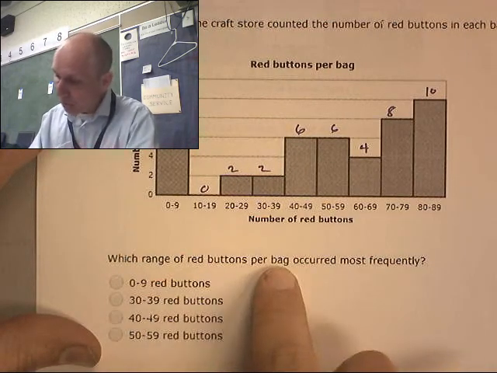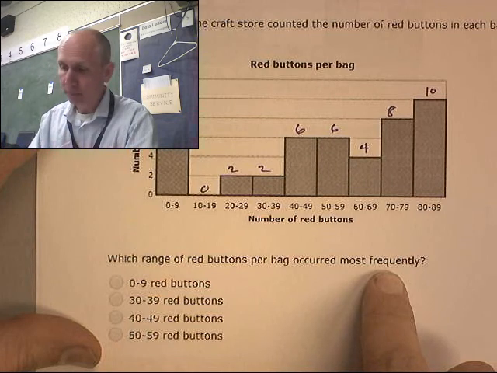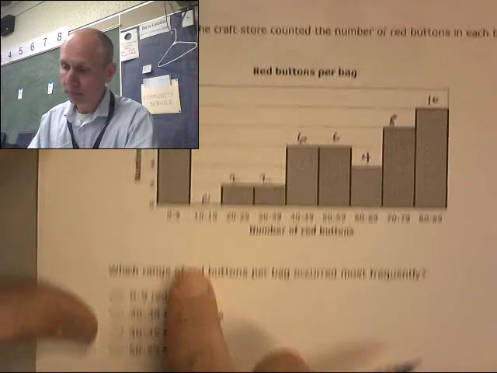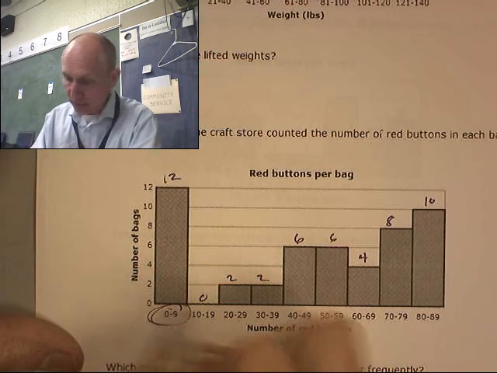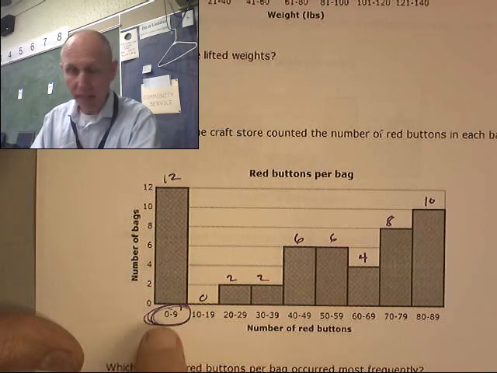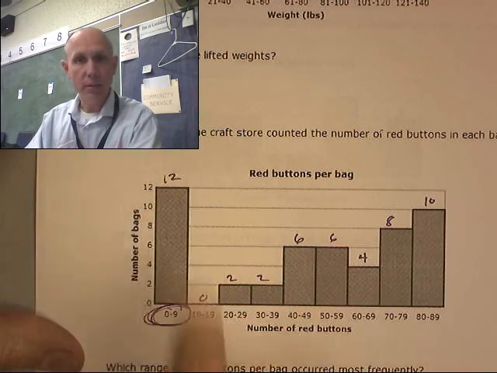Which range of red buttons per bag occurred most frequently? This one. This is the one that's happening the most often, right? Between 0 to 9 occurred 12 times.